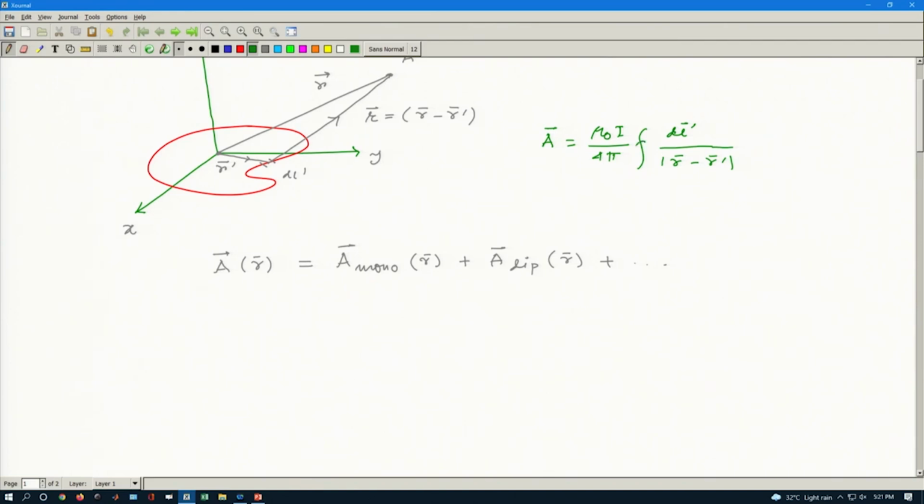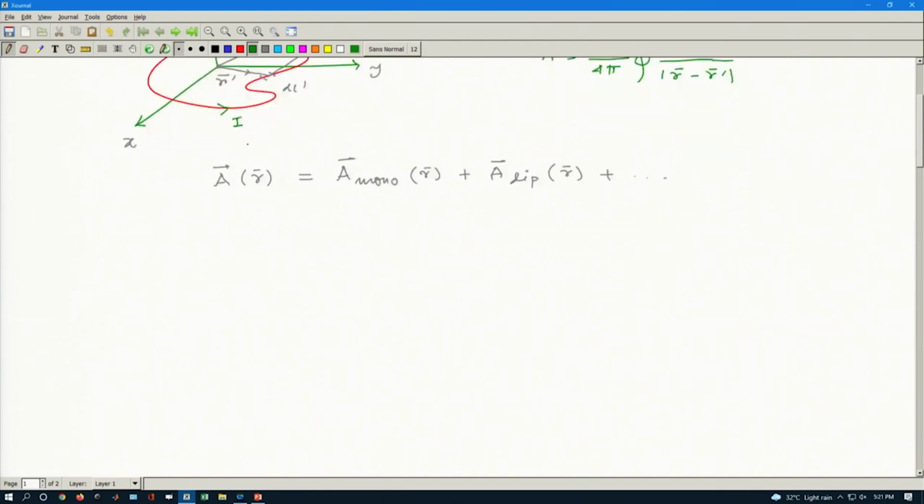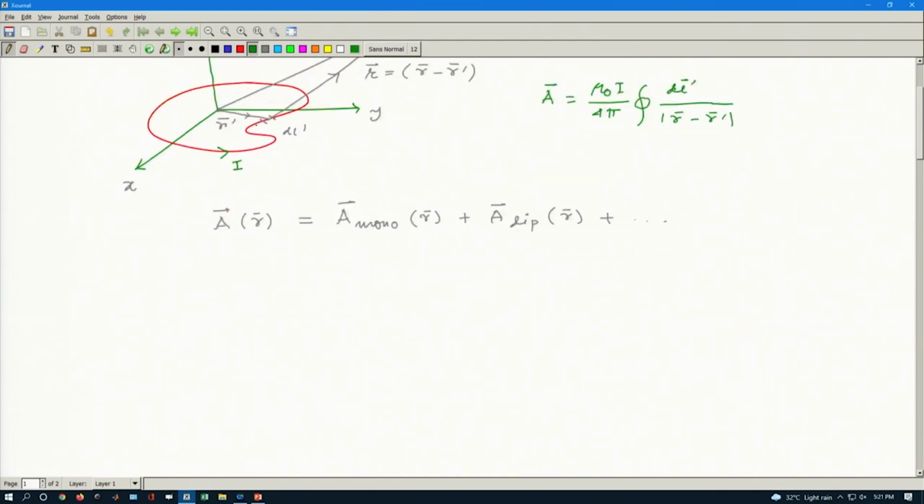So there was a closed line integral, because this is a closed loop where we have the amount of current I, and this 1 by this term actually we expanded.